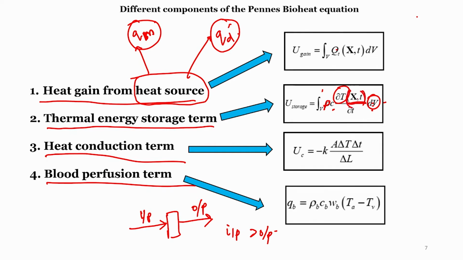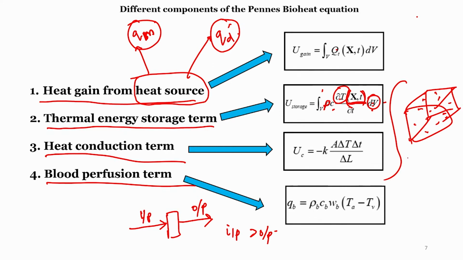Basically what it means is that the temperature of the tissue may not be uniform throughout. So, this T(x,t) is the matrix of the tissue temperatures at different points and at different times. Integrating it over all points and over a specific period of time dT, we get the total amount of energy stored, that is this integral.